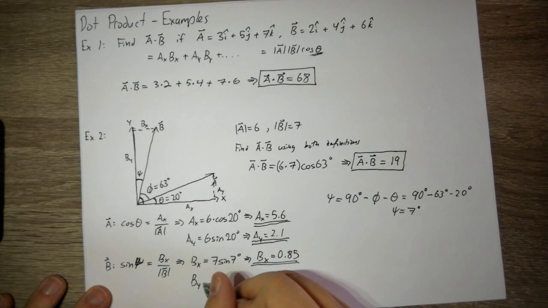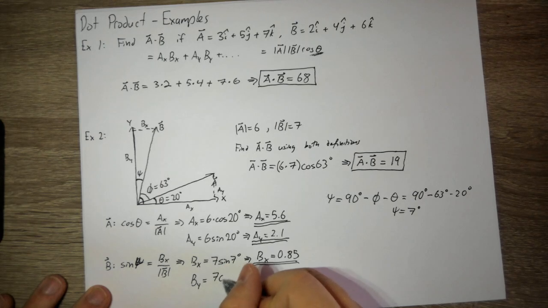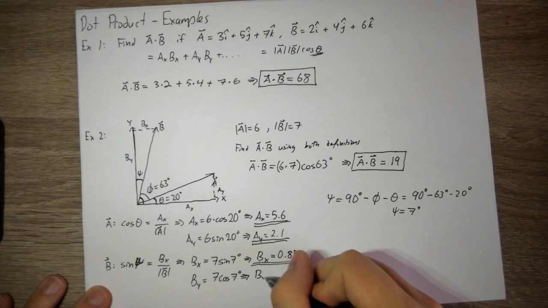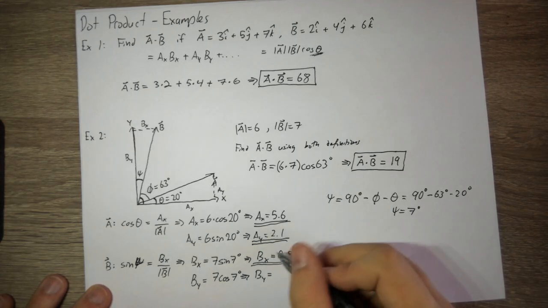Then we do the same for By, which is 7 cosine of 7 degrees, and so By is equal to 6.9.